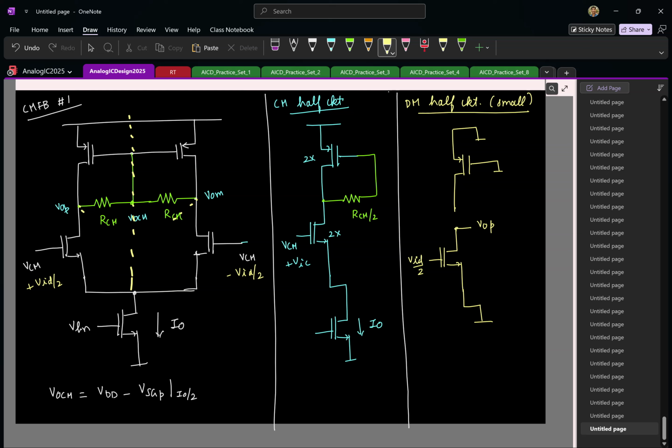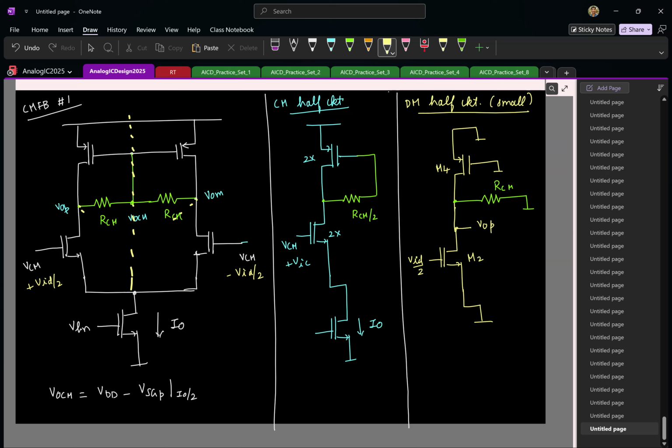Yeah, it is going to be connected from the output. Is this fine? How I have drawn the small signal half circuit.